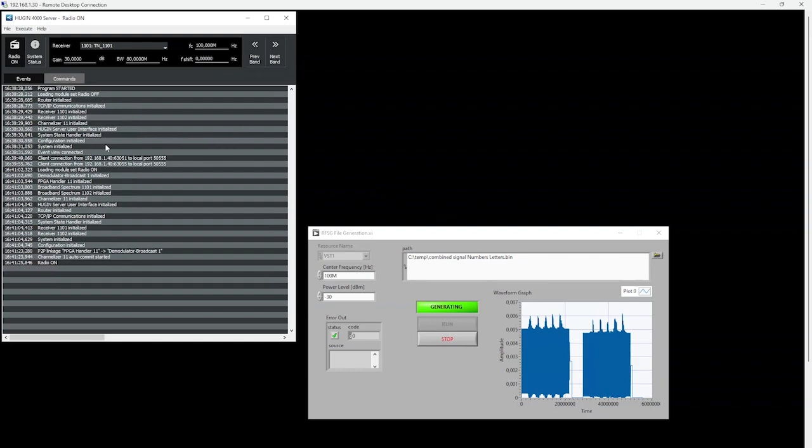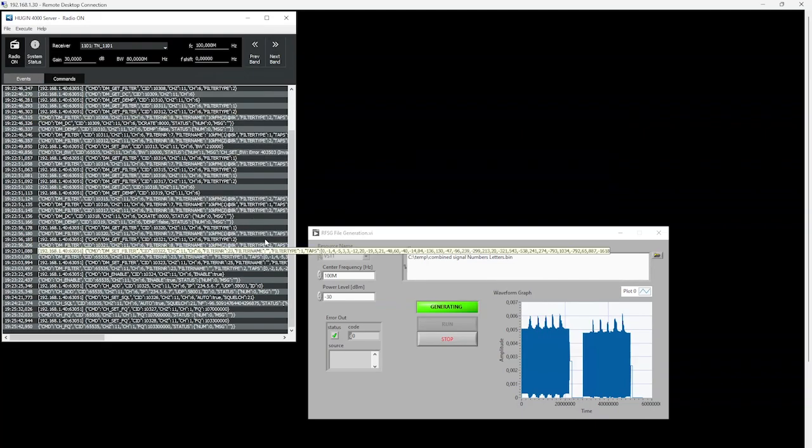on board the sensor. And from here you can see various events, such as when the radios have been turned on, when the various aspects of the system have been initialized. But it's also important to take a look at the commands. Now, when you look at this, it might just look like a stream of text, but this is actually really important for allowing interoperability with the various monitoring platforms that signals intelligence operators may be using.